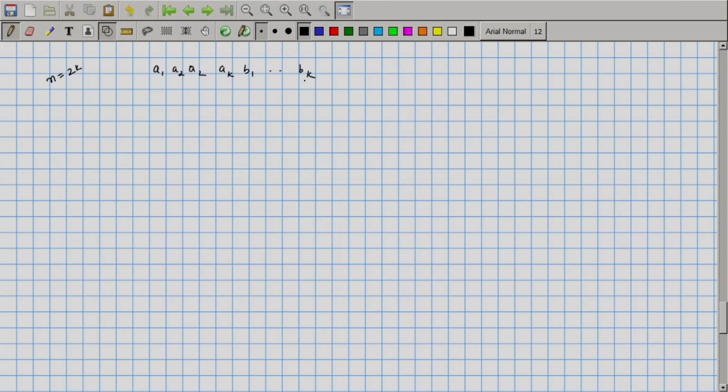So, any source can be viewed as A1 to AK followed by B1 to BK. Suppose the corresponding destination is fixed as B1, B2, BK followed by A1, A2, AK. So, suppose this is the permutation that is given.